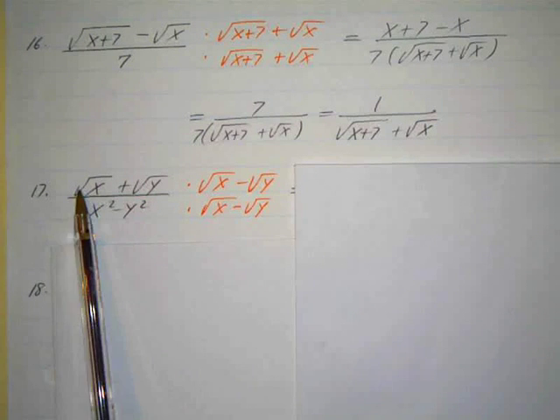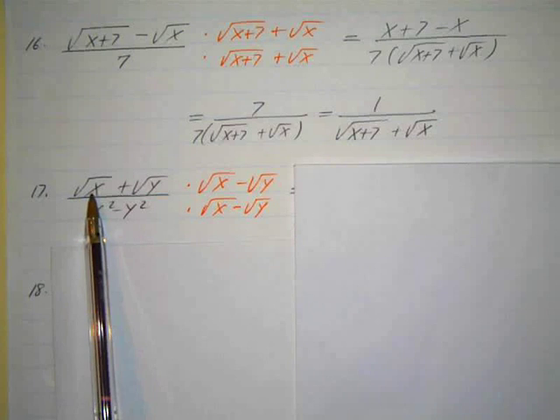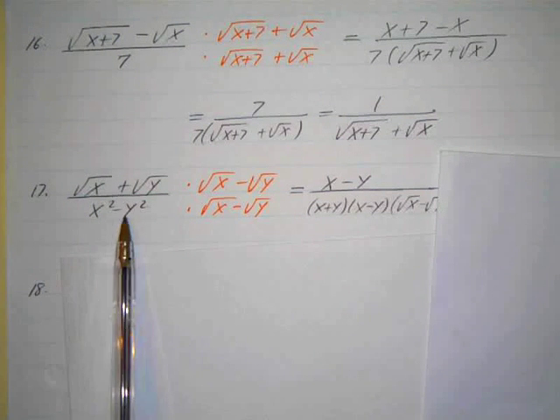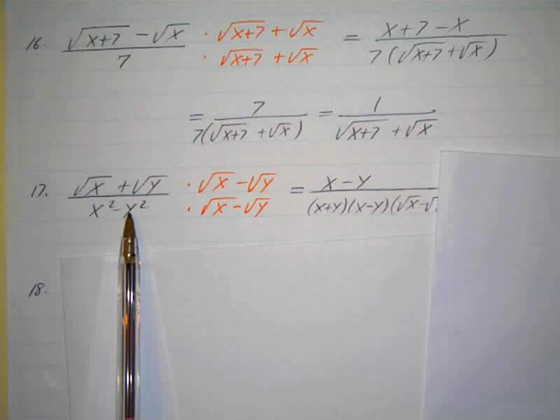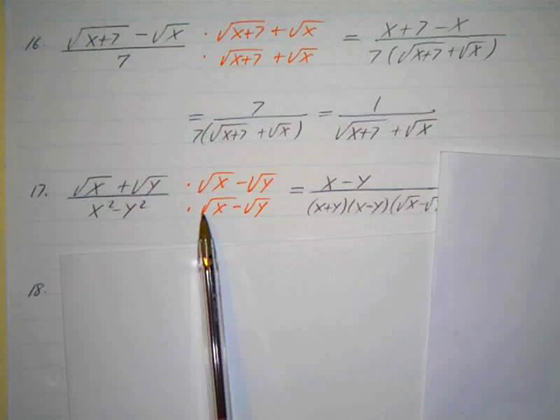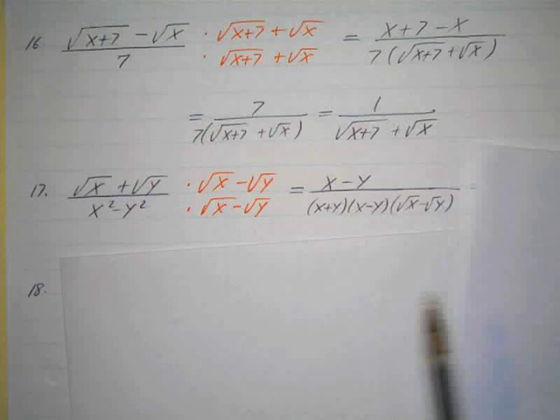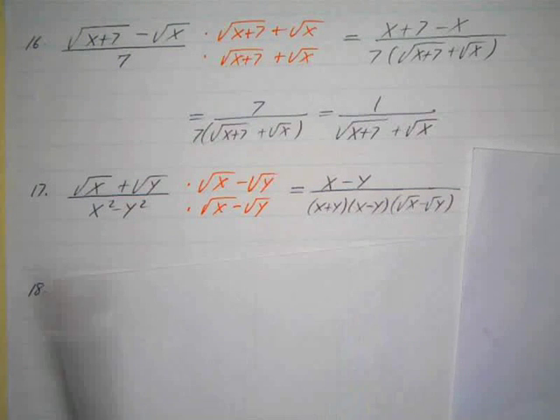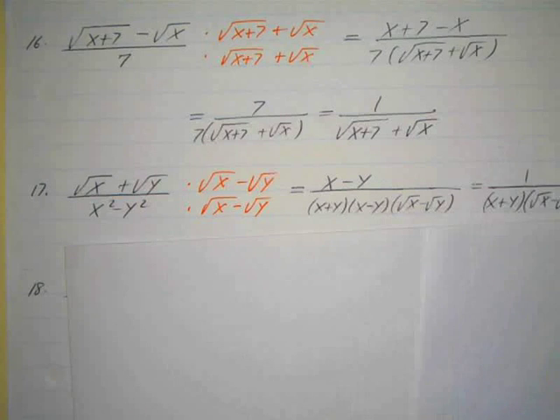And when we do this, remember that's just going to be x minus y in the top. And then if I factor x squared minus y squared, I know that this is the difference of perfect squares. So this factors to be x plus y times x minus y. And I still have my conjugate factor over here. But the nice thing is I can cancel this x minus y with that x minus y. And I just have 1 on the top, and there's your answer.